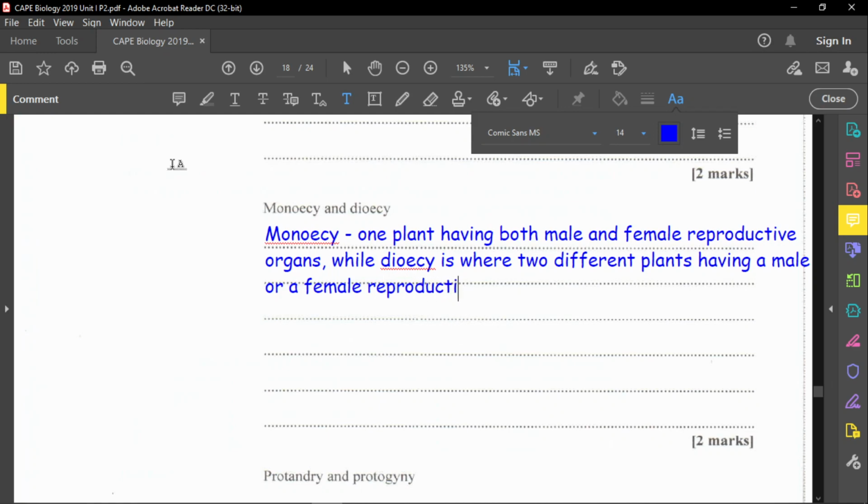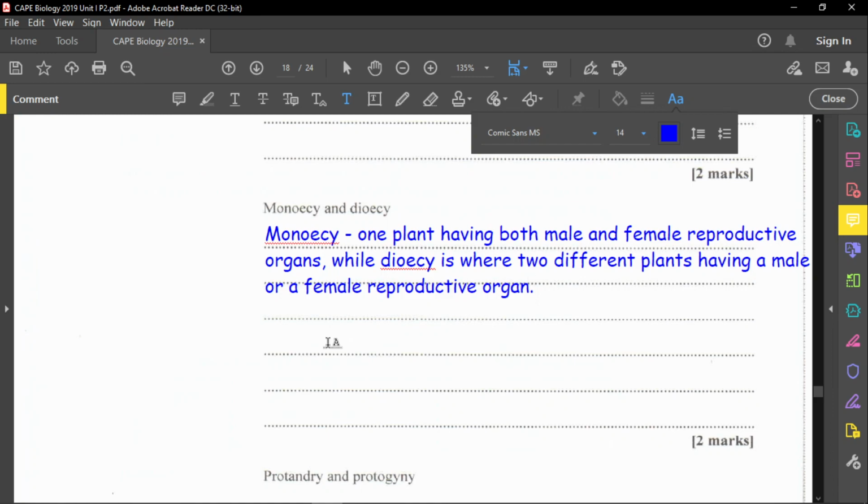And I want to explain this properly to you so you could actually understand exactly what I'm saying. So what I'm saying here is that the plants are different, but each of them or one of them contains either a male or a female. So you will not find both male and female on the same plant. There are different plants having them. So you have two different plants, and one of them has a male, the other one has a female. So the di comes from two separate plants.